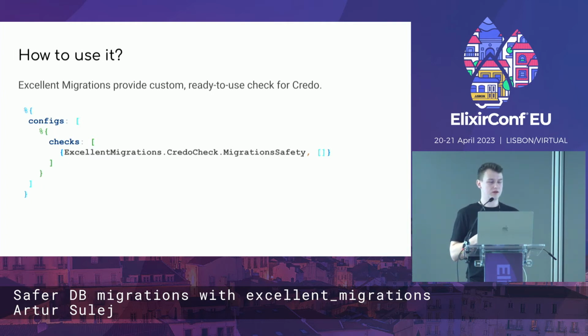I guess there's a pretty high chance that you already use Credo and that you have it plugged into your continuous integration tool. So by adding just this one line of code, you can enable a check of the safety of your migrations on your CI tool.